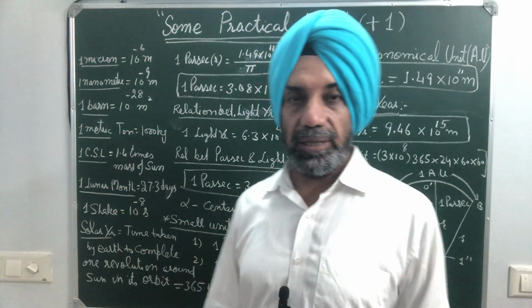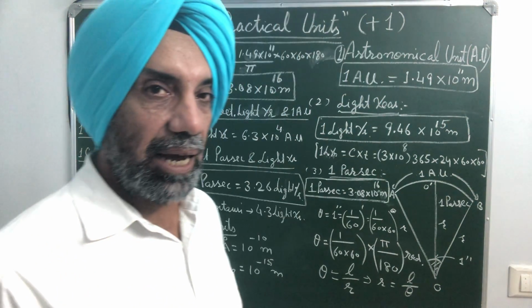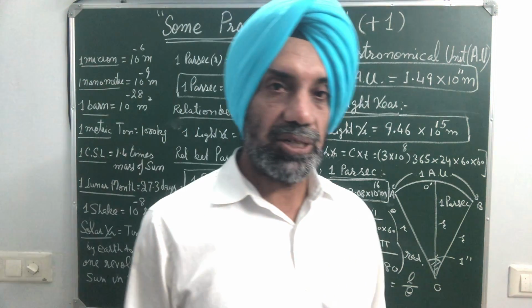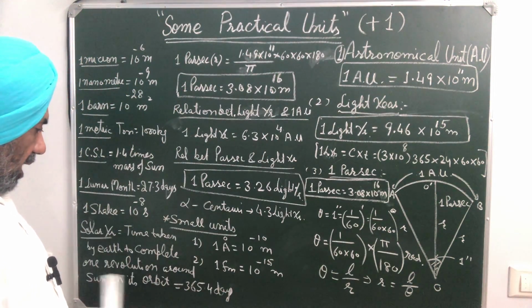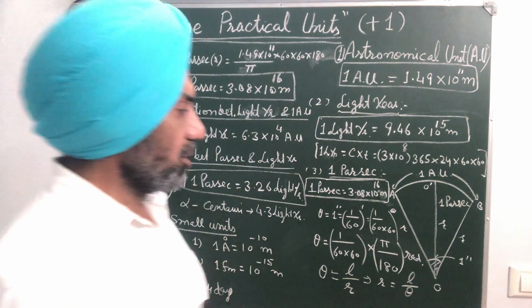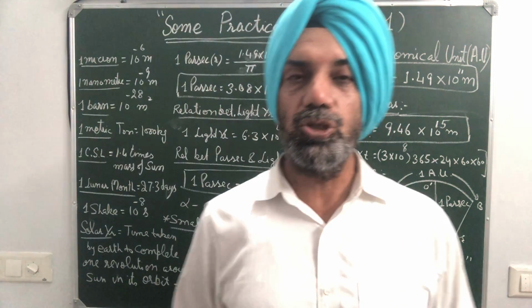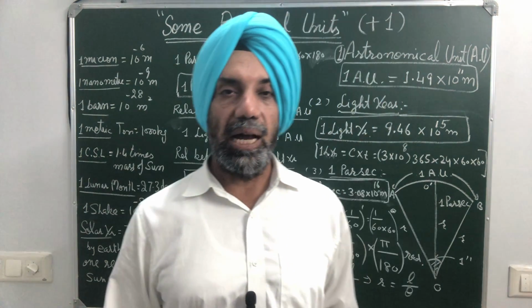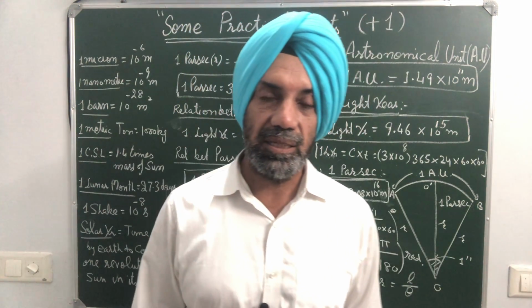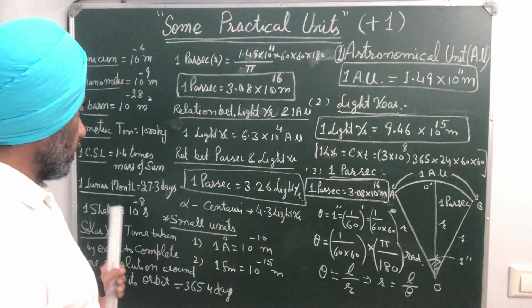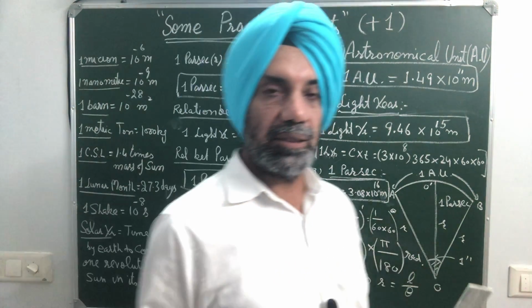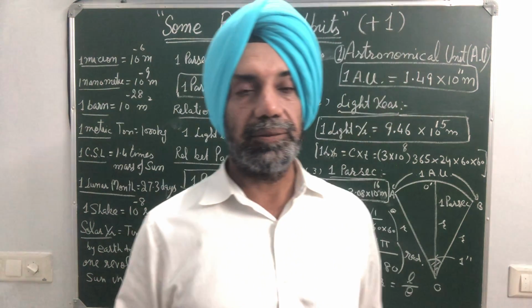Solar year is also a unit, the time taken by earth to complete one revolution around the sun. So this is all about some practical units that we usually use to measure very large distances, very small distances, or very small time. One shake, 10^-8 second, lunar month, and solar year.